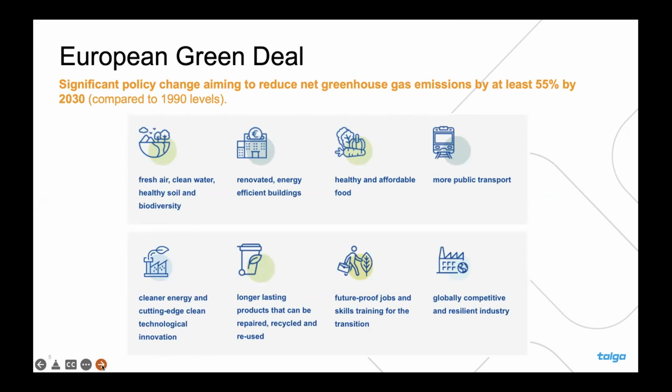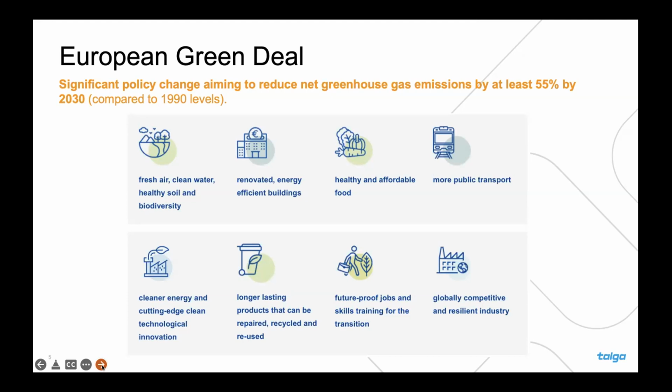And to put it in context, during these last two years of COVID disruption to production, to transport, to travel, the level of reduction in the greenhouse gas emissions that we need from now to 2030 to reach this goal is to year on year do the same as we've had in the COVID period.